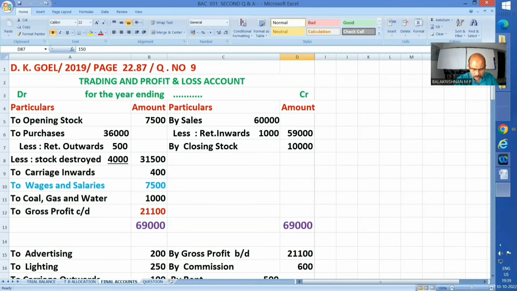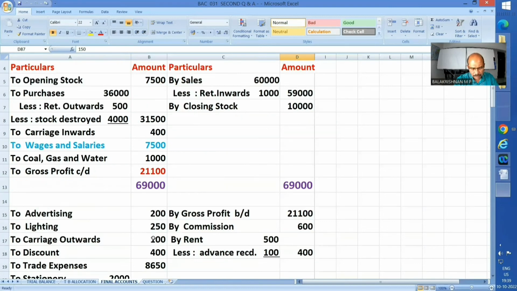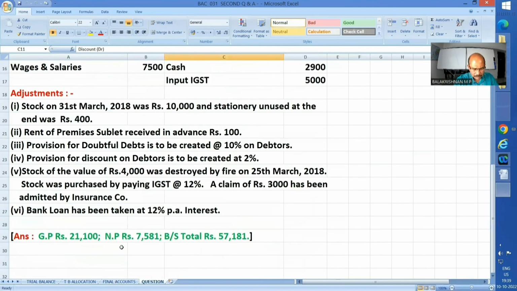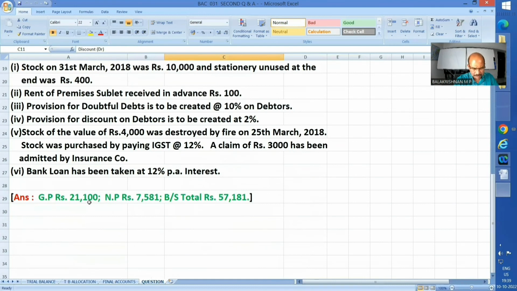And stock destroyed, already explained, that also has been reduced. And this is the net value of purchase, right? And sales as usual, subject to return inward. And my gross profit is 21,100, which I have brought down here. Let us check first whether this is in agreement with the answer clue. Yes, 21,100, it is correct.